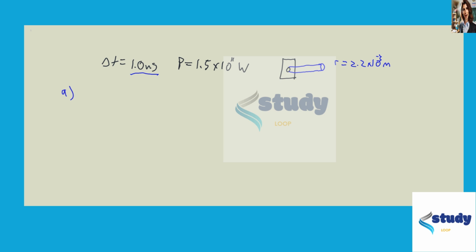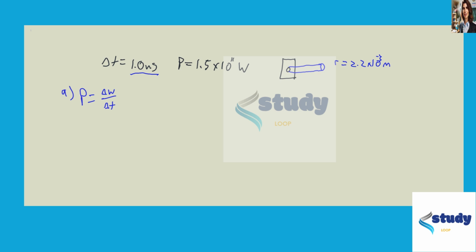it's not too tricky. We just have to use the fact that power is the, so for each pulse, the energy in each pulse is the laser's power output multiplied by the duration of that pulse.